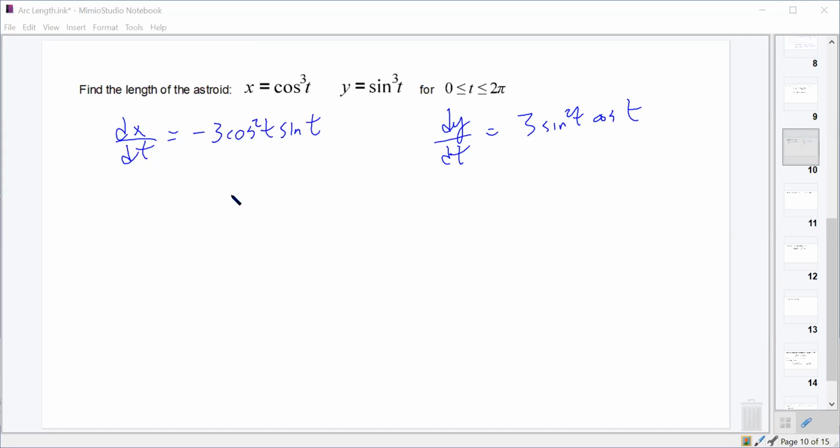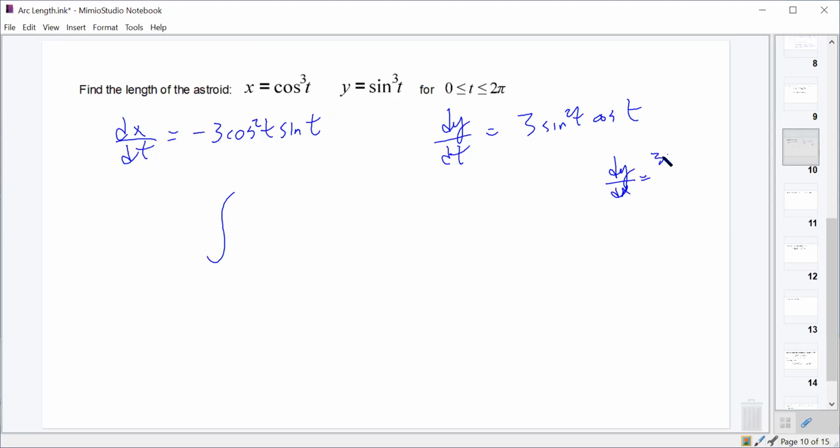And so we'll put this into an integral. And we should know something about this function. What do we know about this function? Think about what's dy dx.